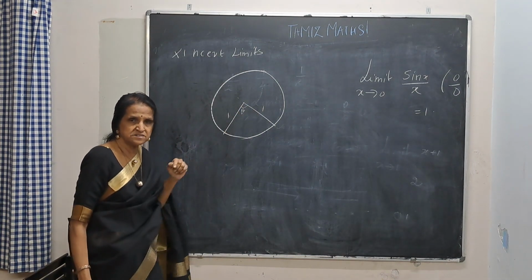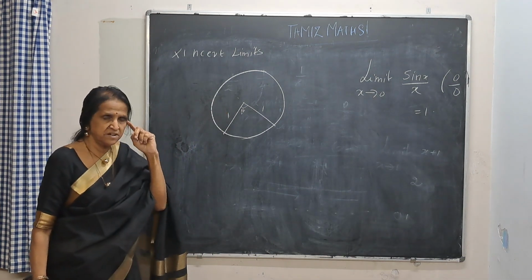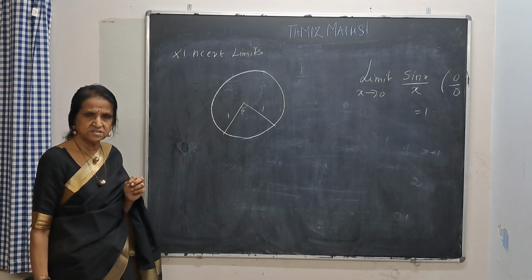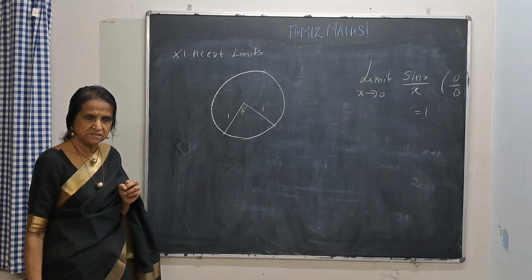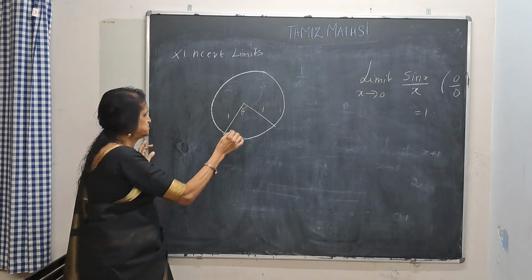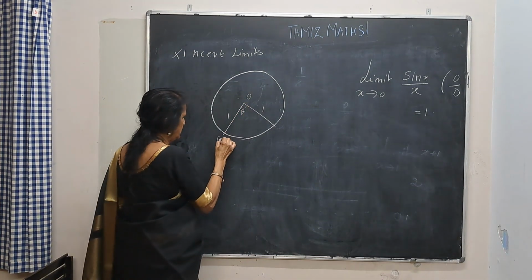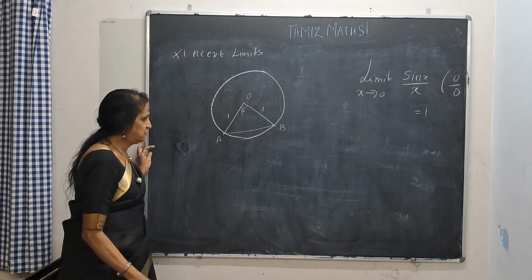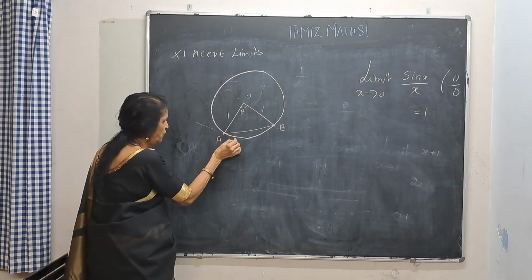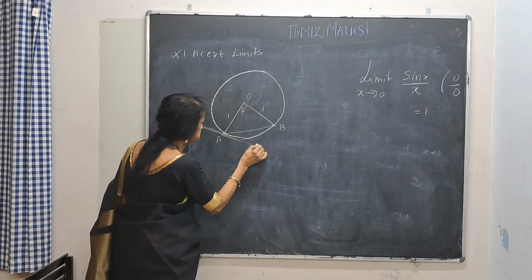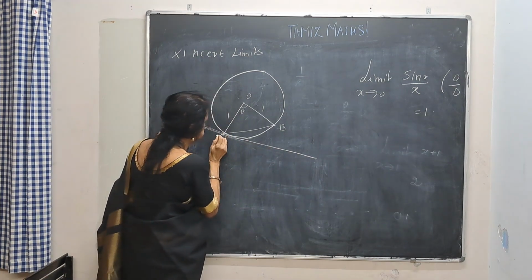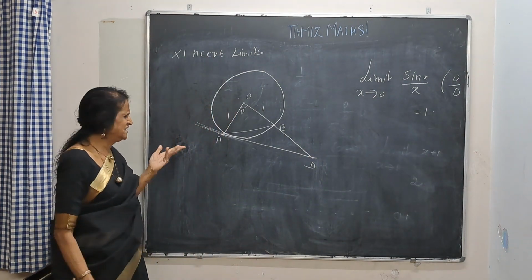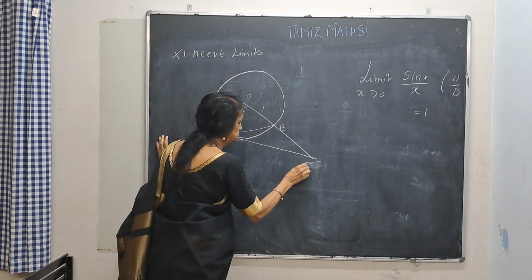This is x radians. Now this is O, this is A, and this is B. Join this. And from the point A, draw a tangent to meet OB produced at D, or anything you like, at C, whatever you want.